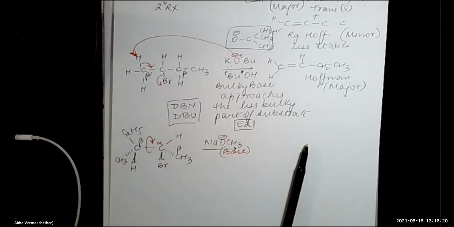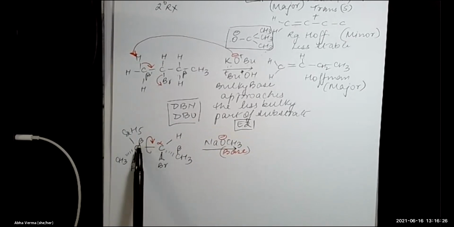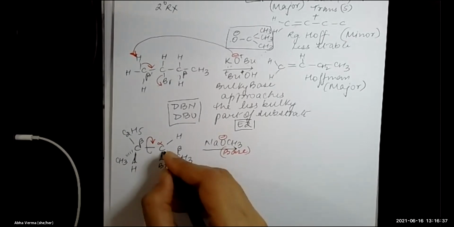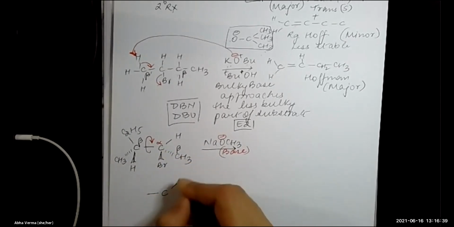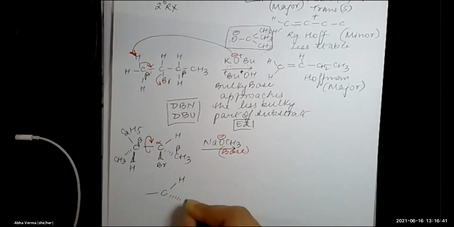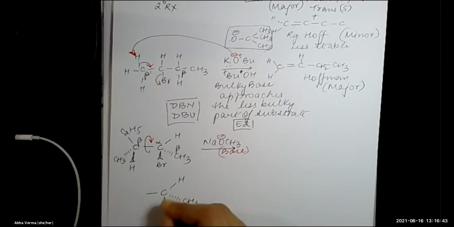conformation. What did I do? I can rotate my single bond, and this is what would normally occur also. When I will do this conformation, I will keep this carbon intact. So you see how our module 5 is helping us.